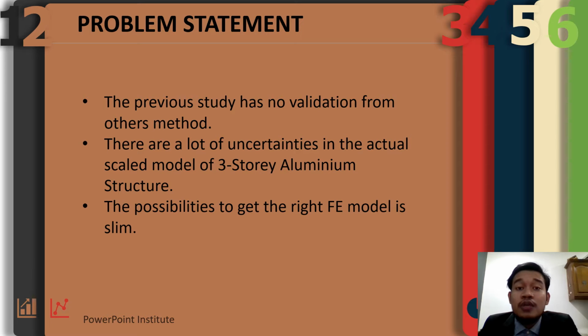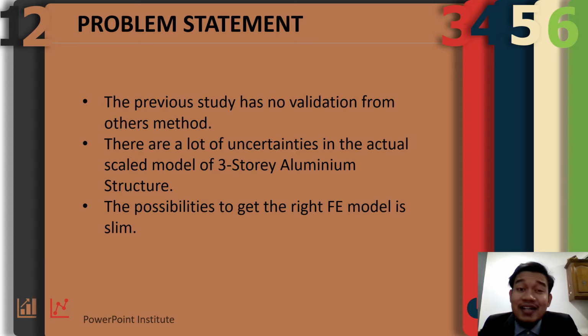We proceed to the problem statement. Altogether, we have three problem statements. The first is the previous study has no validation from other methods, so we must find other approaches to find the dynamic characteristics.